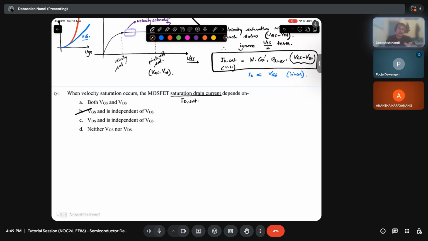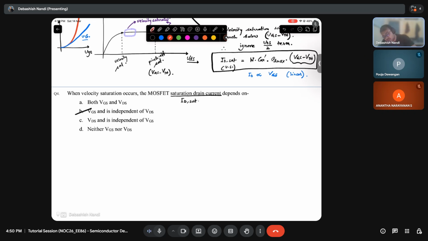Fine. So what about channel length modulation? See, again, I have told you, right? These effects all exist simultaneously. What we are discussing here is only one component at a time. Now I am not at all bothered about channel length modulation.